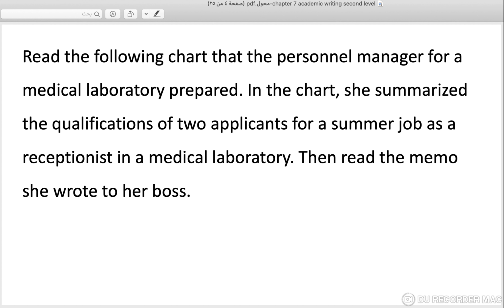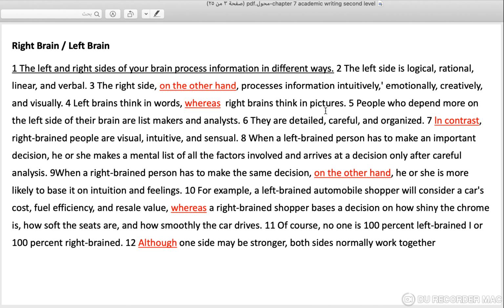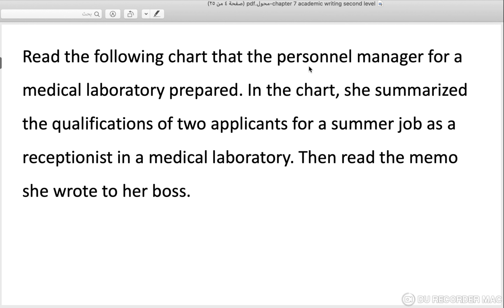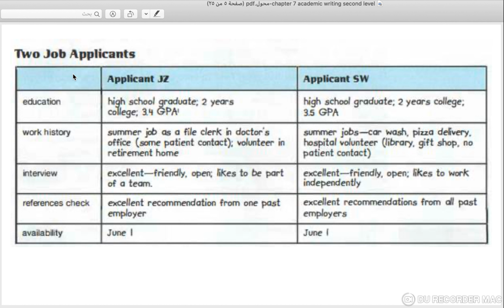Then read the memo she wrote to her boss. طبعا بعدنا ما مخلصين من هذا الباراجراف، راح ناخذ exercise عن هذا الباراجراف والباراجراف اللي بعده اللي هو هذا. طبعا هنا 2 job applicants، هاي المذكرة اللي هي كتبتها، وبعدين اللي بعدها راح نشوف الباراجراف اعتمادا على هذه المذكرة.